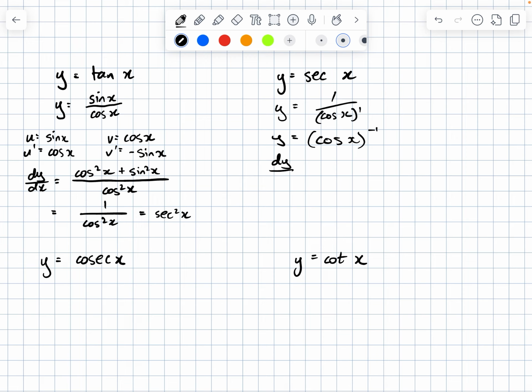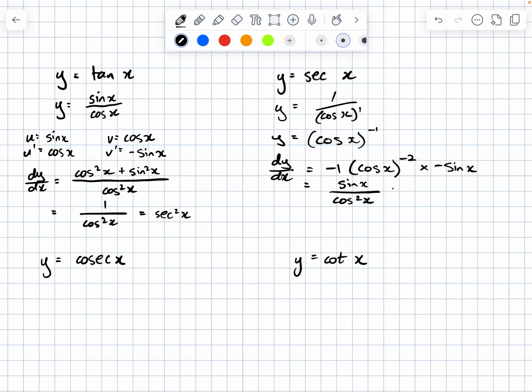Differentiating, we bring the power in front, we rewrite the bracket, and we reduce the power by 1, and then times by the derivative of the bracket. The derivative of cos is negative sine. That means that we have negative 1 times negative sine is sin x over cos squared x.